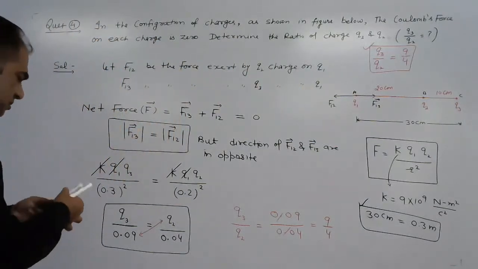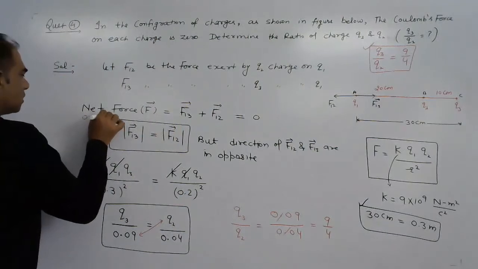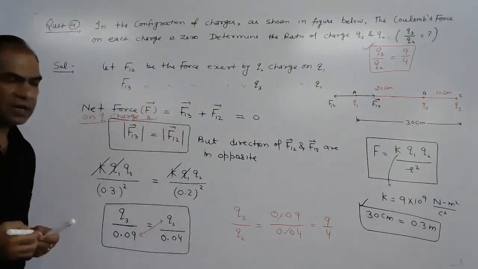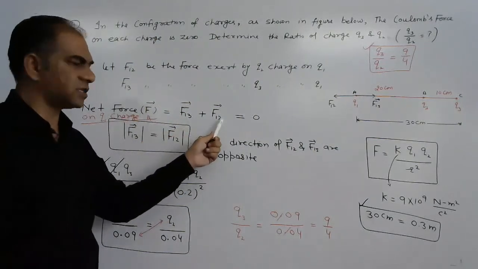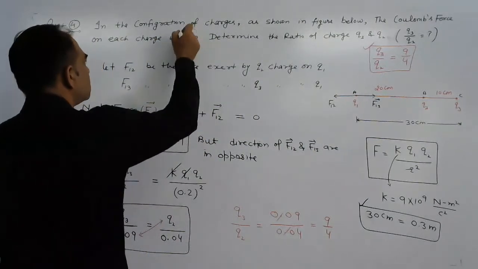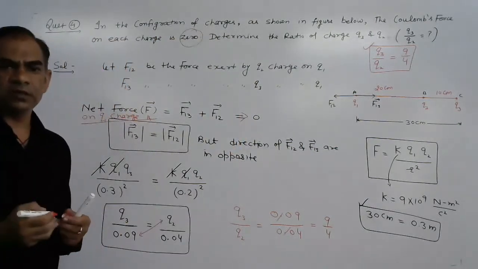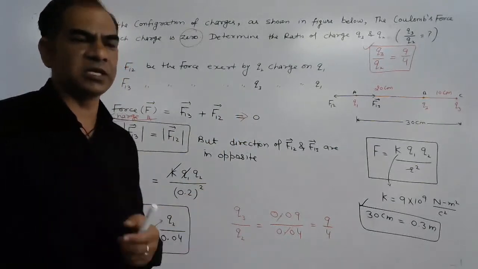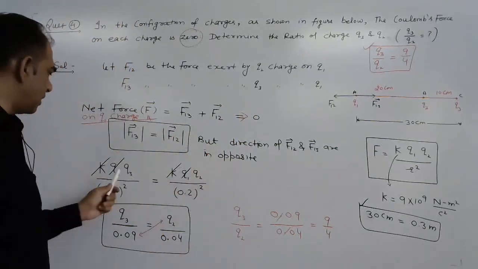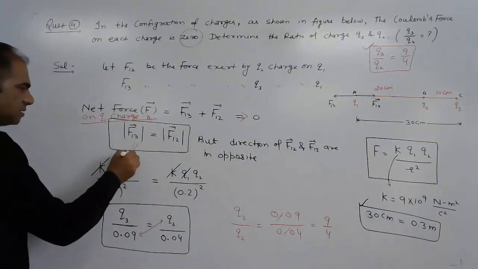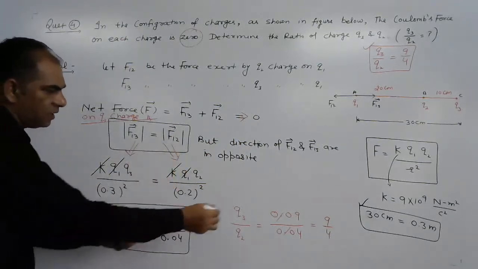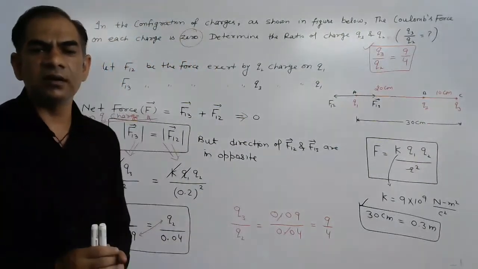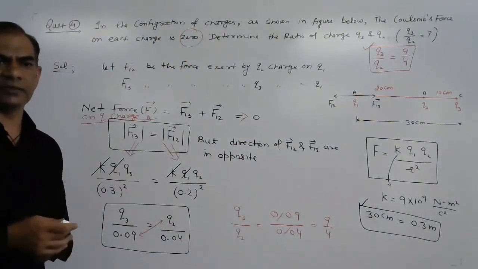Net force F is the net force on the Q1 charge. By the condition it is 0, so we put this as 0. 0 means these two forces must be equal in magnitude but in opposite direction. So we apply this condition and put the values here, and we easily solve and find that the ratio of charge Q3 and Q2 is 9/4. This is the answer.